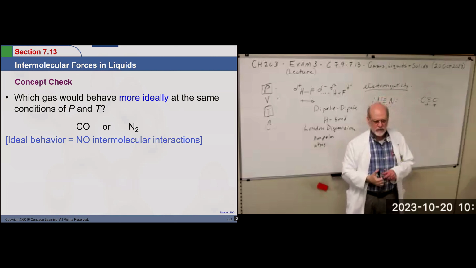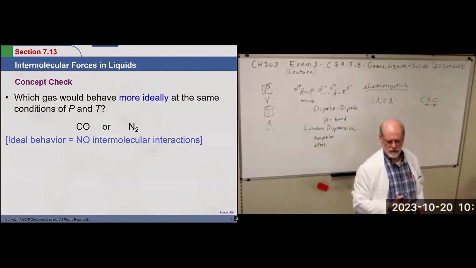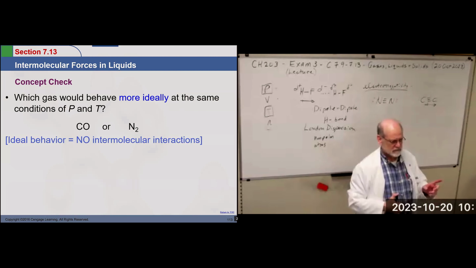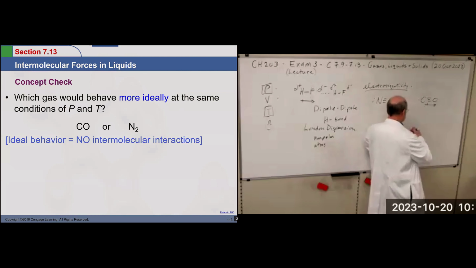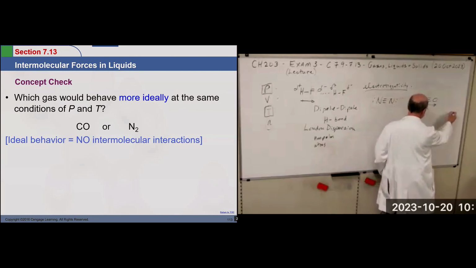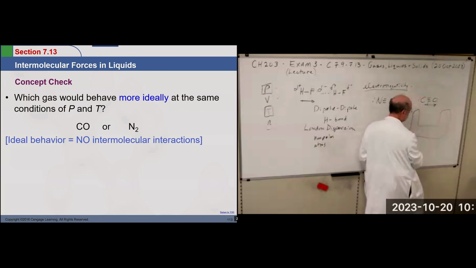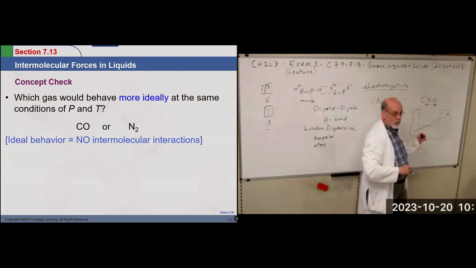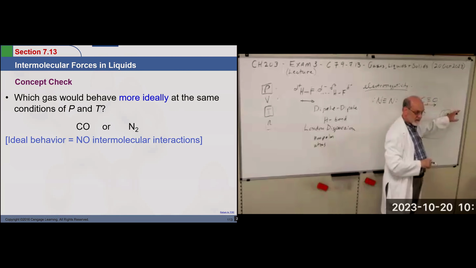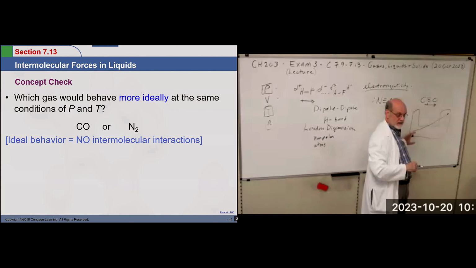Now, I don't think we gave you the trends in the periodic table, did we? No. The trend is, if I just sketch out the periodic table, electronegativity increases from lower left to upper right. So the more electronegative are up here, the least electronegative are down here.